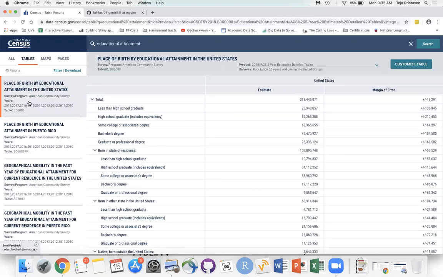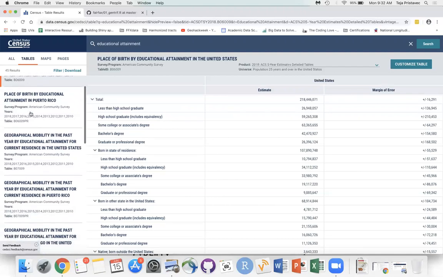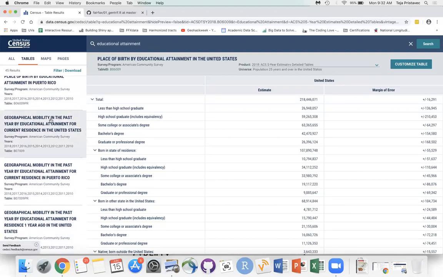So they're giving you results across categories, right? For example, this one is geographical mobility in the past year by educational attainment. So what you typically want is a breakdown of a variable at the least complicated level there is. But again, this depends on your conceptual framework and on your question.